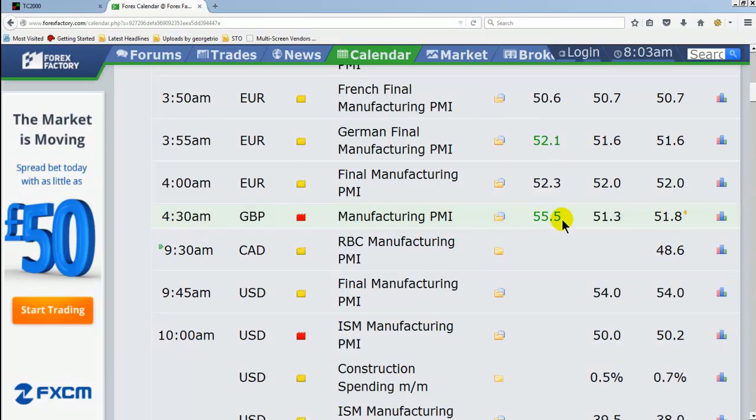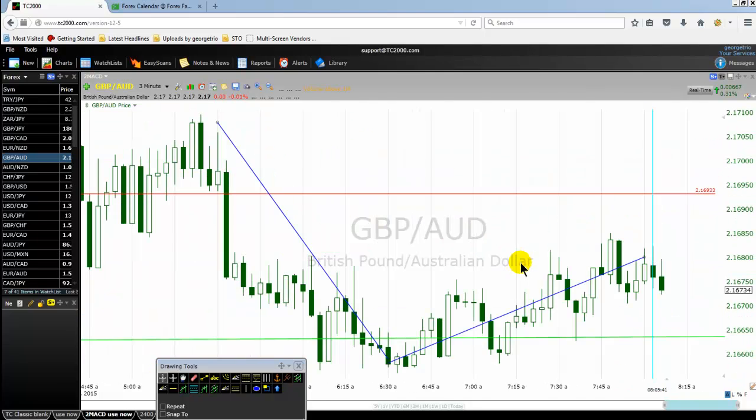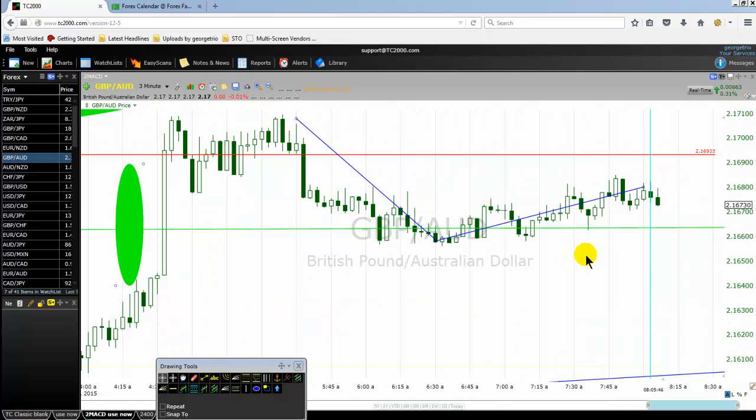Already released, bullish for the British pound. But we didn't see any reaction here because the market is paying attention to the news that is due at 10 a.m. Eastern time, 3 p.m. London time. So as I explained to you, this is the gap period, and you need to control the risk gently.